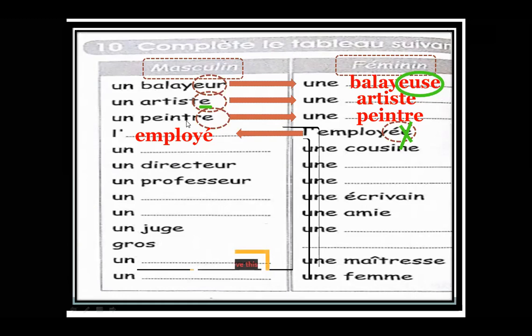By yourself? Yes. Okay, tell me the answer and revise your answer because it might be wrong. In cuisinière, it becomes what? We want to make it in the masculine form.